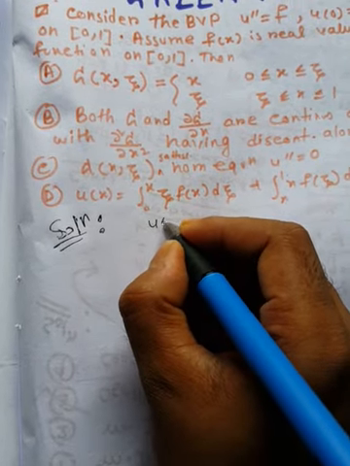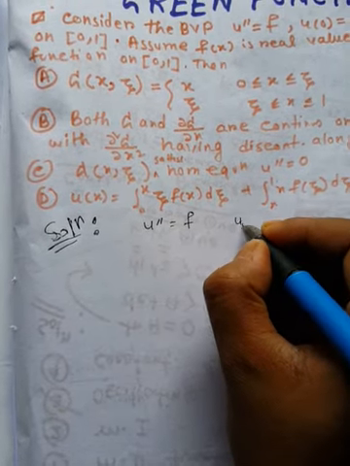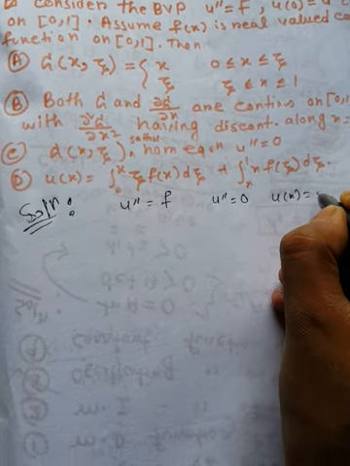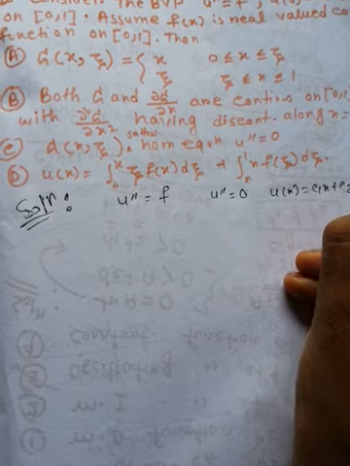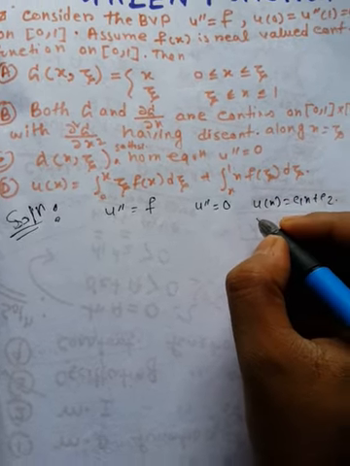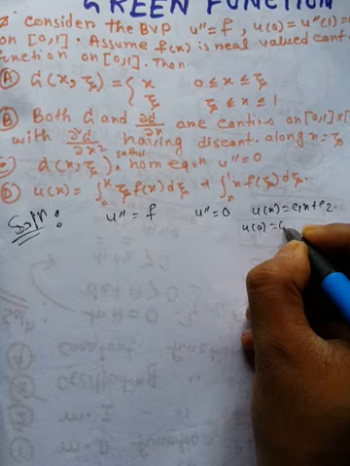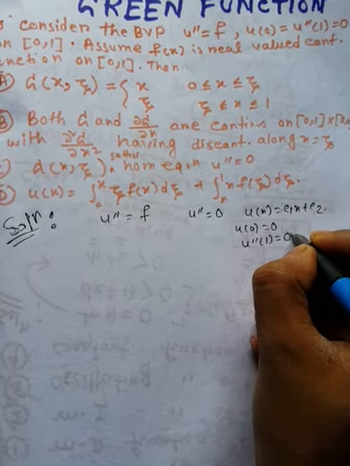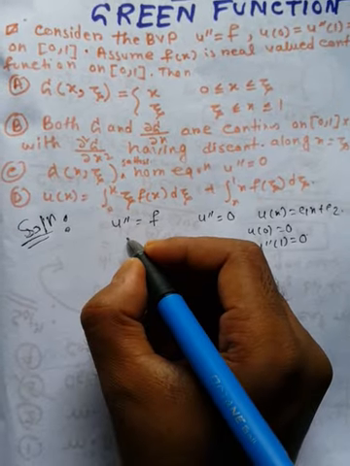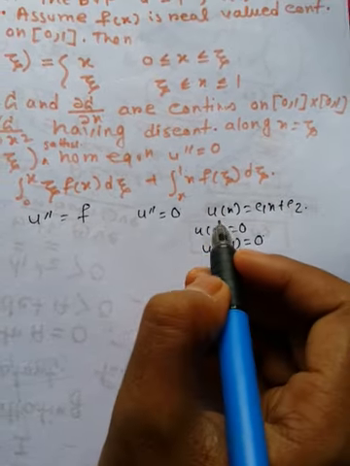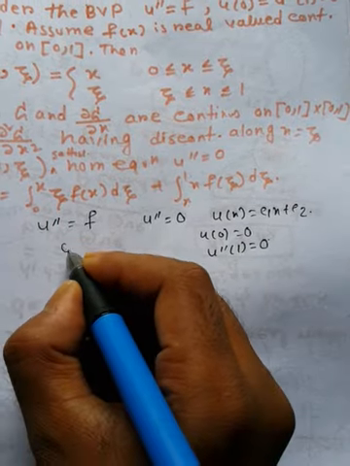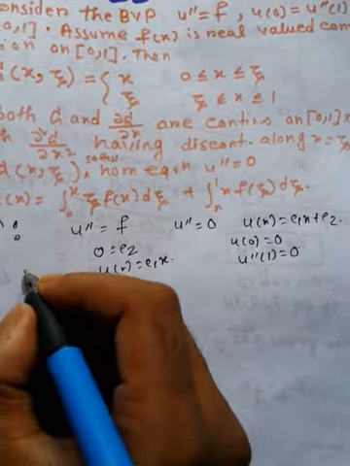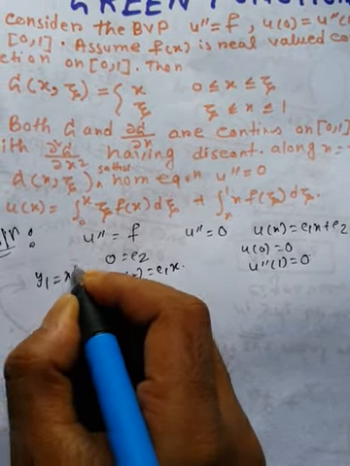So for the solution here, given that u double dash equal to f, consider the homogeneous equation. What is u(x)? u(x) equals c1 x plus c2. Now the conditions are u(0) equal to 0 and u dash 1 equal to 0. Apply u(0) equal to 0, then we get 0 equal to c2, so u(x) equal to c1 x. So y1 equal to x.